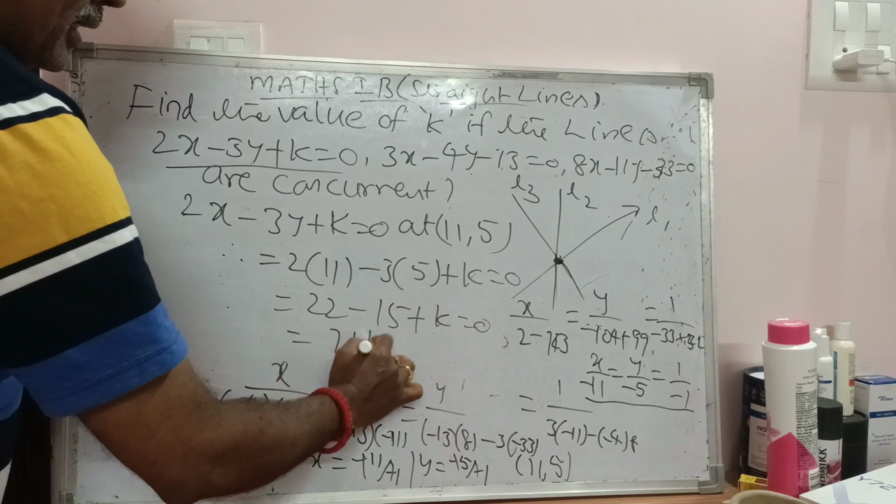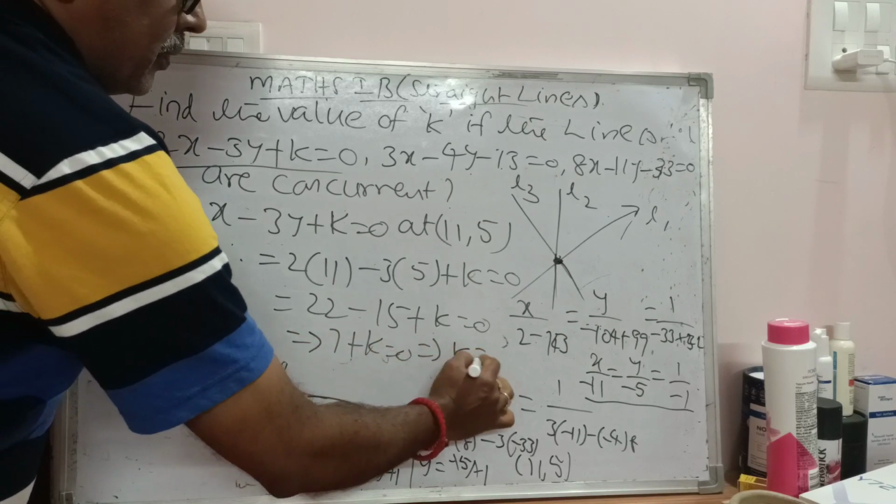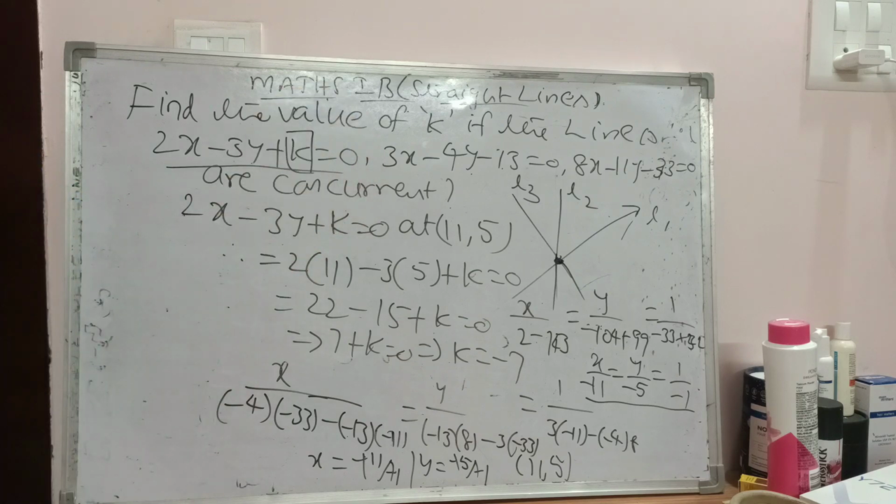Therefore, 7 plus k is equal to 0. This implies k is equal to minus 7. So the value of k is minus 7 if these three lines are concurrent.